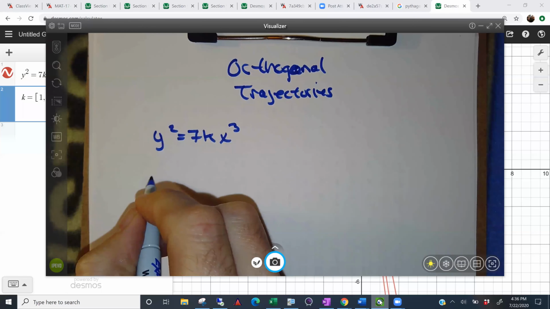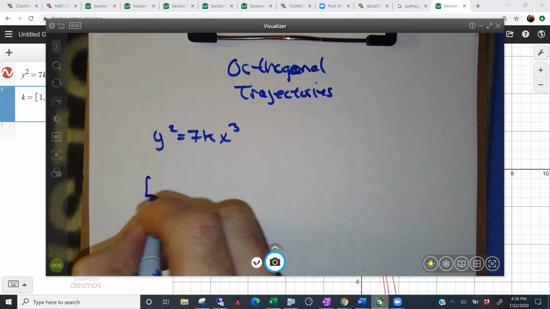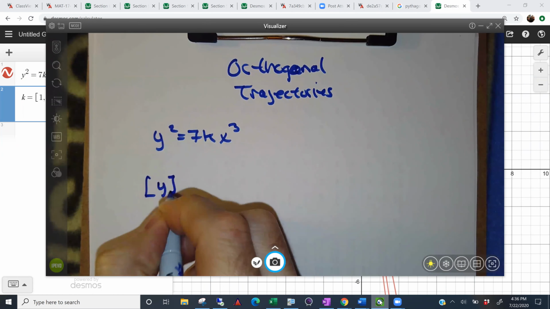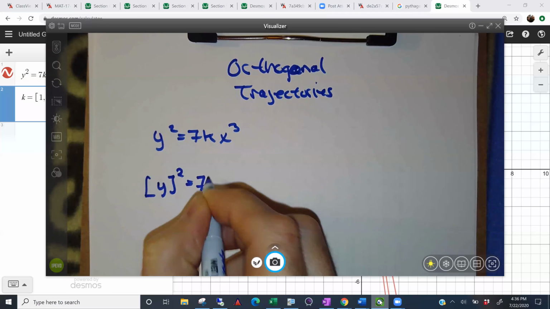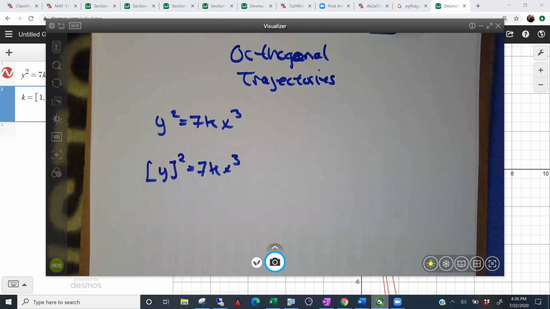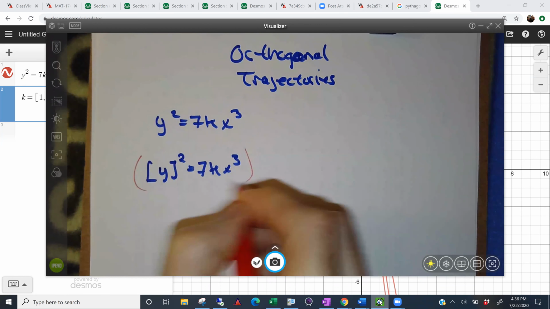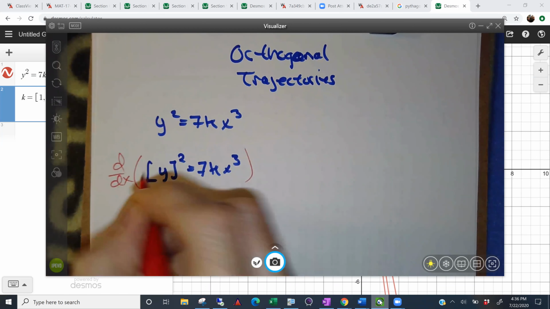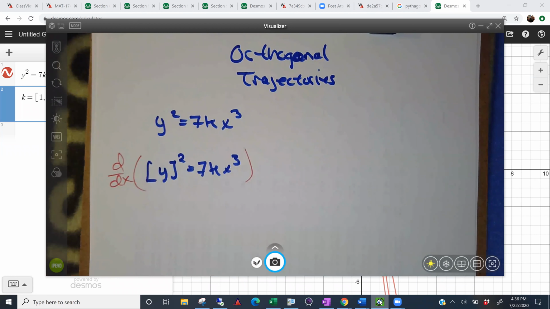Well, back in Calc 1, everywhere that there was a y, I wrote it like this, just to remind you that when you differentiate a term like this, you've got to use the chain rule. So the 2 is going to come out in front. I'm going to differentiate both sides of this with respect to x. The right-hand side, I'm hoping, is not a big problem.